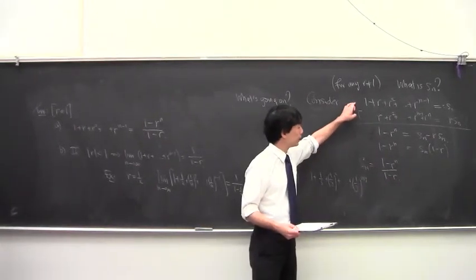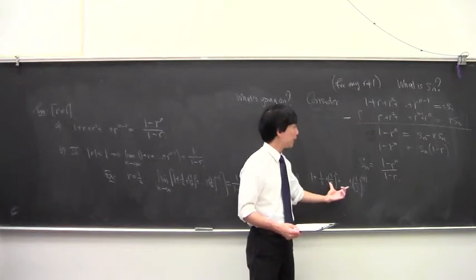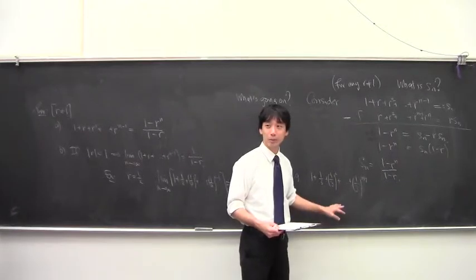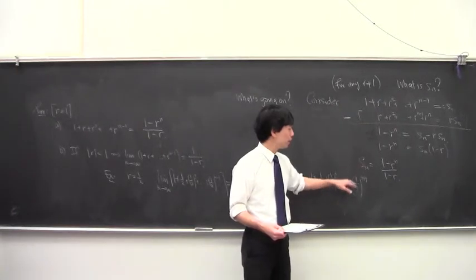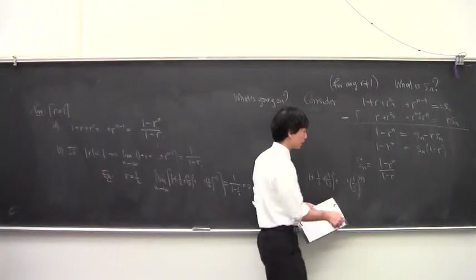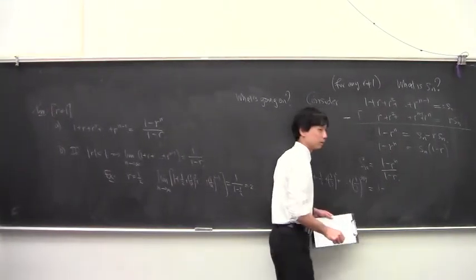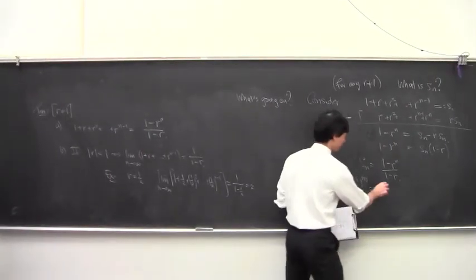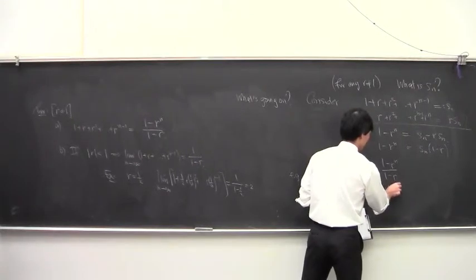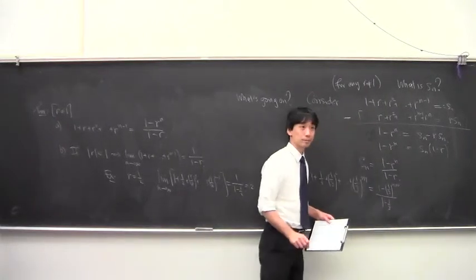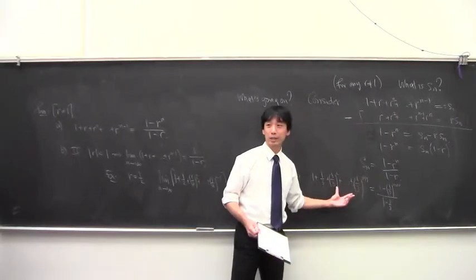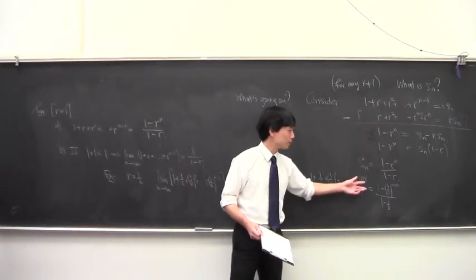Well, what we've just seen is that the sum of the first 1,000 terms is going to be, can somebody read it off for me? 1 minus r, what's my r? 1/3. 1 minus 1/3 to the 1,000 over 1 minus a third. Okay, so that's the sum right there. Just sum the 1,000 terms using this formula.